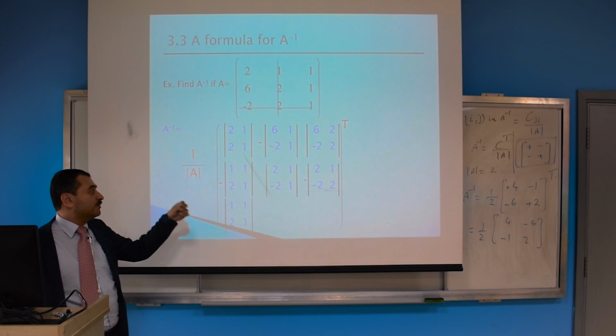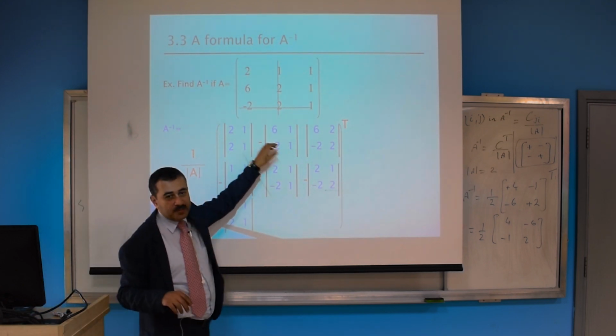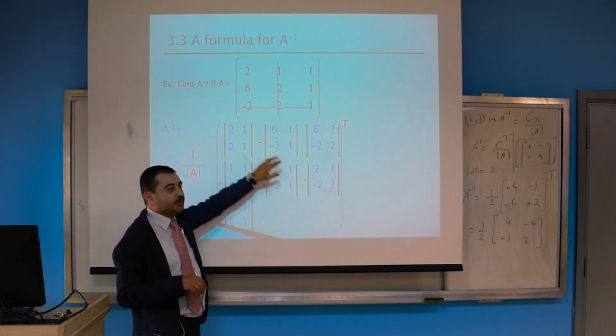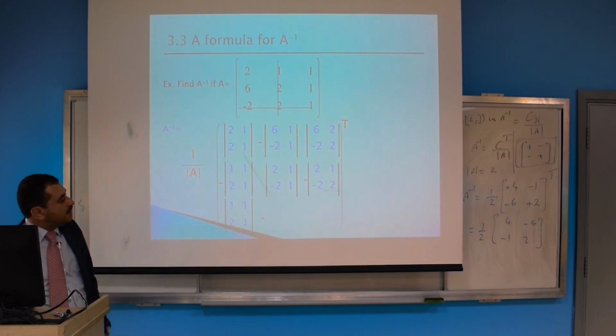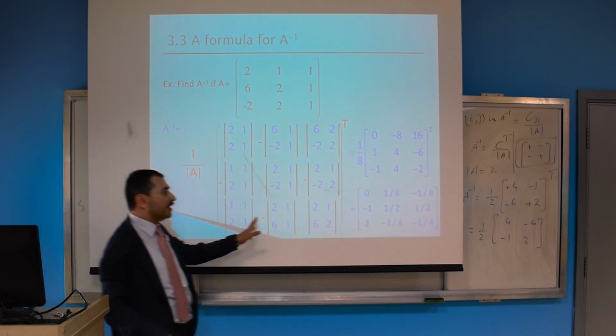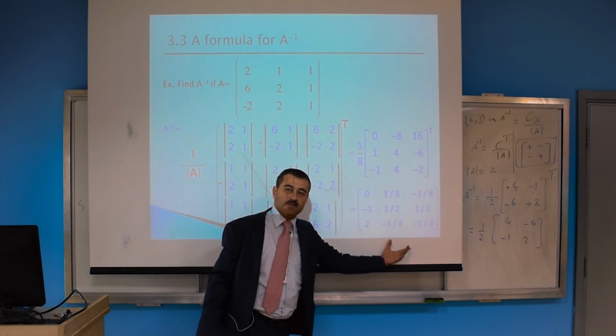When you solve, you can directly find the value for these guys. This is for illustration. I actually wrote the sub-determinants here. And then find the values for these guys. And then find the transpose and multiply by 1/8. Then you'll get your inverse.